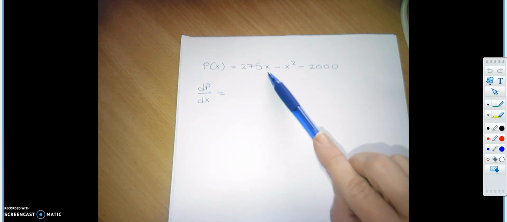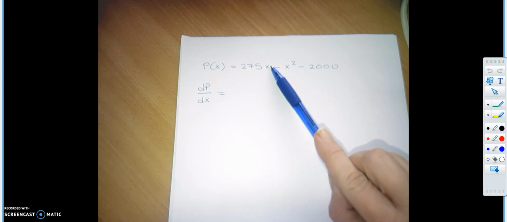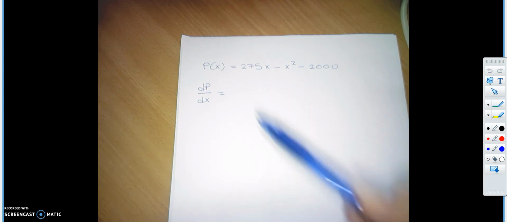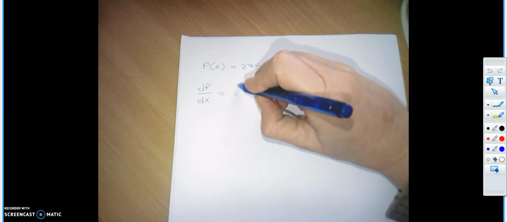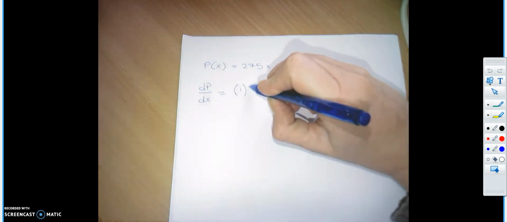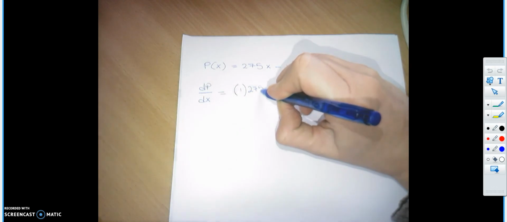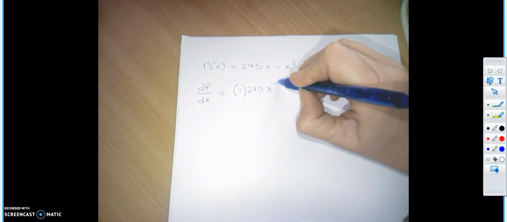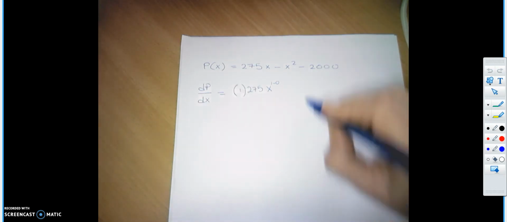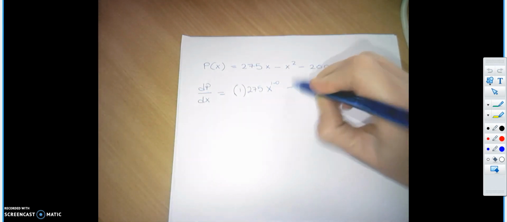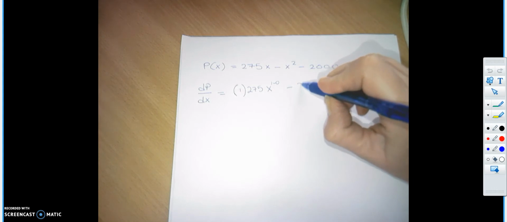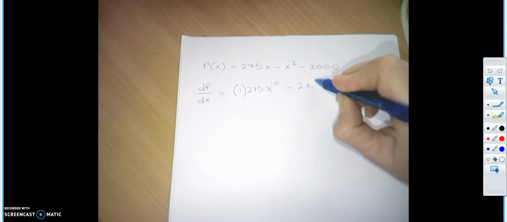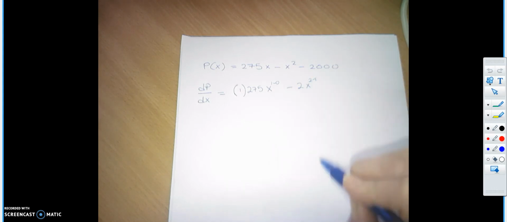So when I look at my first term, I have 275 x's, so my power on my x is 1. When I'm differentiating it, I will bring its power forward. So I go 1, write down the number as normal, write down my x, and reduce its power by 1. So I get that. The second part of it, I have a minus x squared, so I bring forward its power, write down the x, reduce its power.